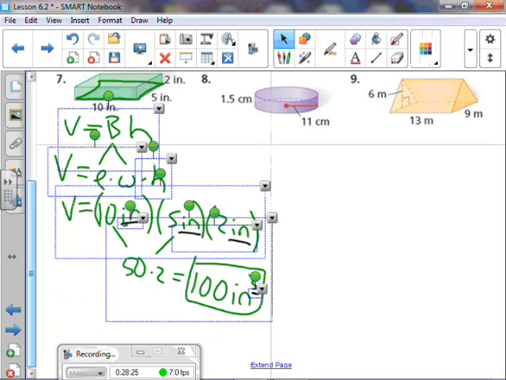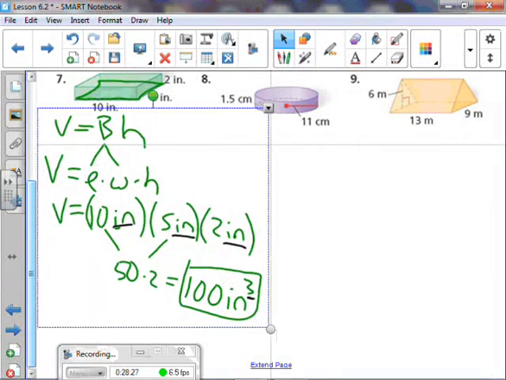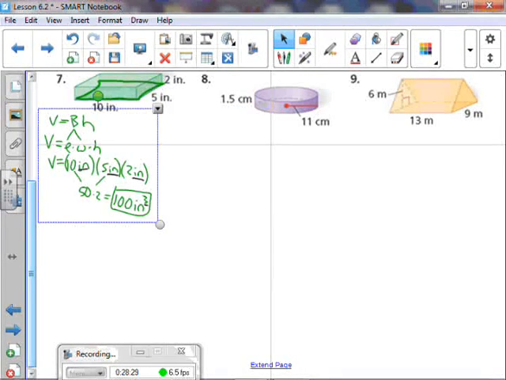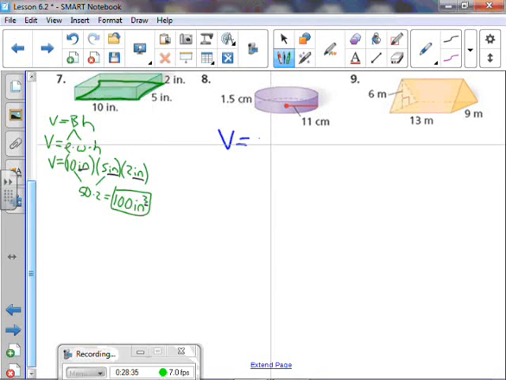I am going to join this together, shrink it down a little bit, and we'll go on with number 8. Once again, our volume for number 8 is equal to the area of the base times the height. However, the area of the base here is a circle, so the area is pi times the radius of the circle squared.